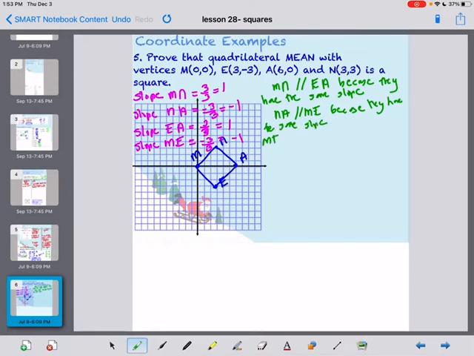So MNAE is a parallelogram because opposite sides are parallel. So I'm done with the parallelogram part. And again, this is not the only way to do it. This is the way that I like to do it.